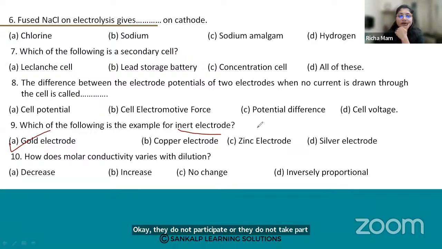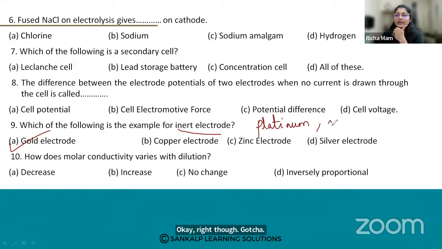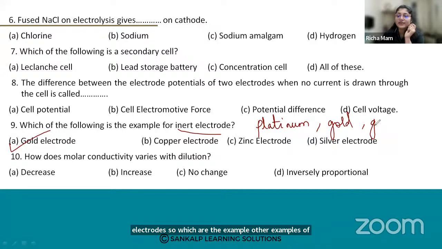So the example for the inert electrode is platinum. I'll write it: platinum electrode, then gold electrode. Remember this, make a point of all these electrodes. Which are the other examples of inert electrode? Platinum electrode, gold electrode, then graphite.